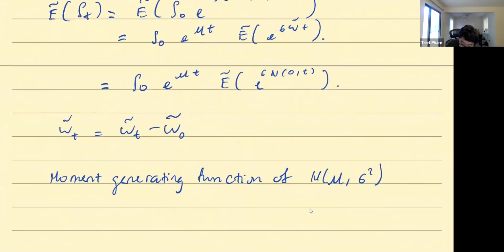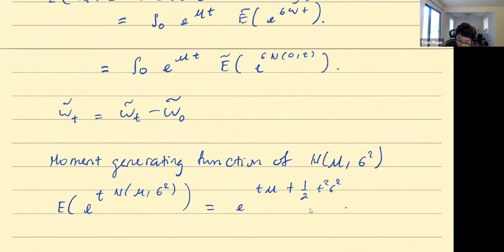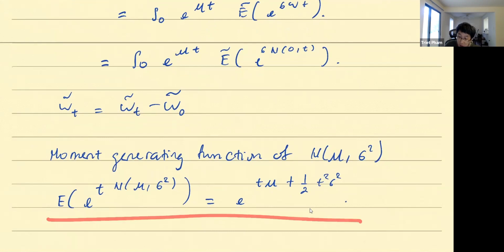That says that the expectation of e to the t times a normal with mean mu and variance sigma square will be e to the t times mu plus 1/2 t squared sigma square. You can look up how to work this out. It is a completing the square kind of procedure. So I don't want to go through the derivation right now. Just accept this formula.